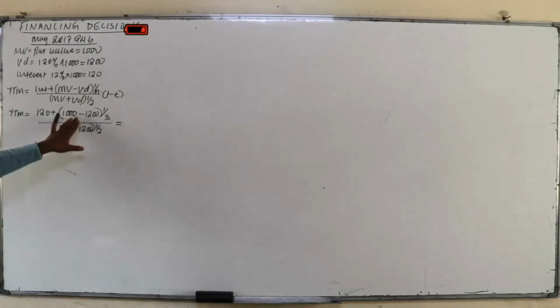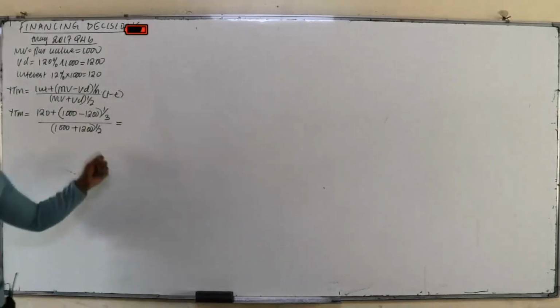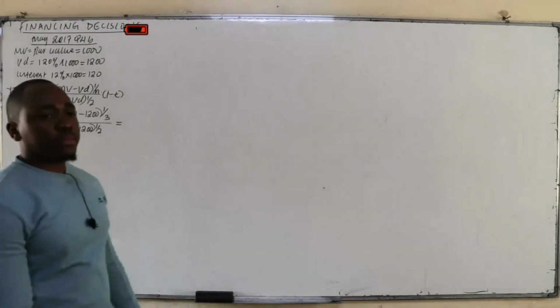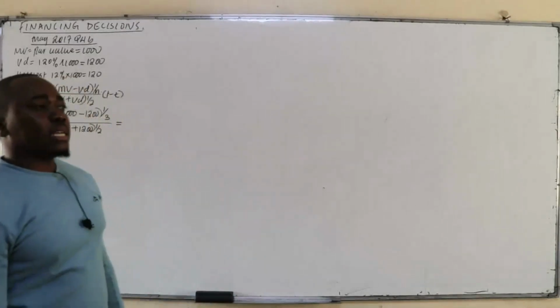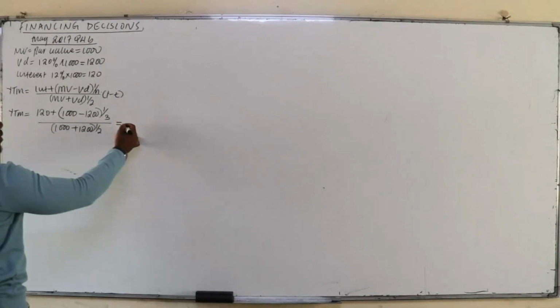Now do this: 200 divided by 3, then 120 minus the answer, divided by 1,100, times 100%. What do you get?